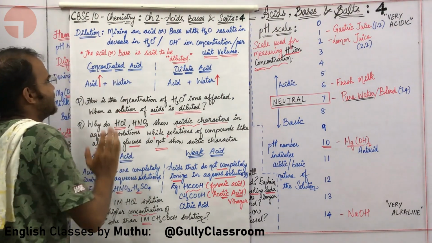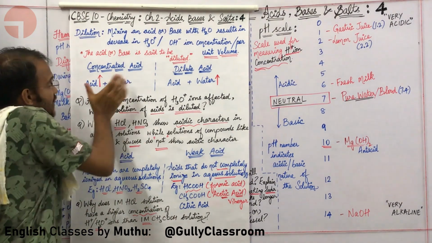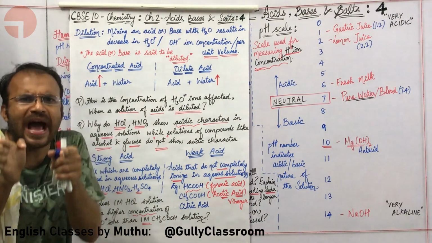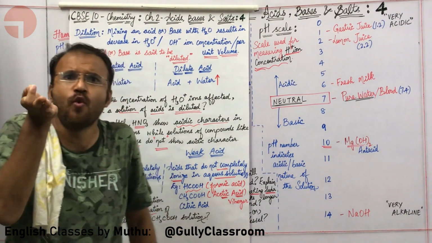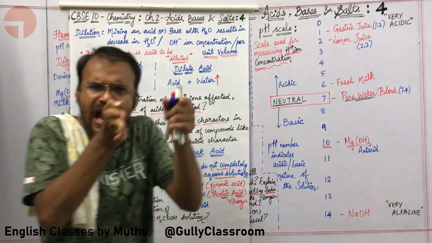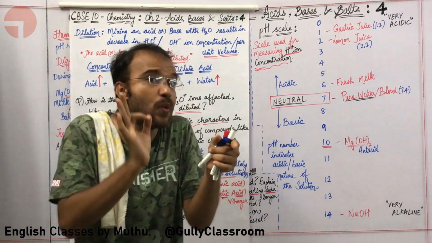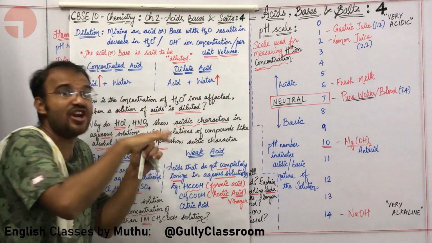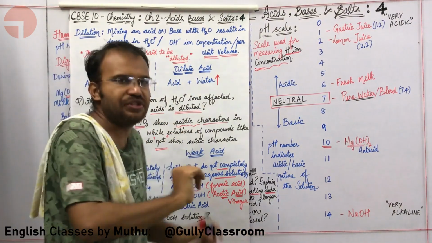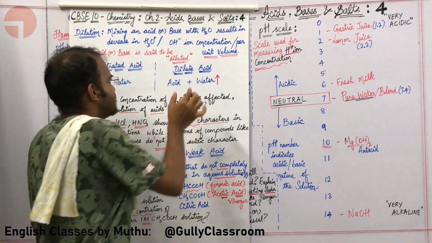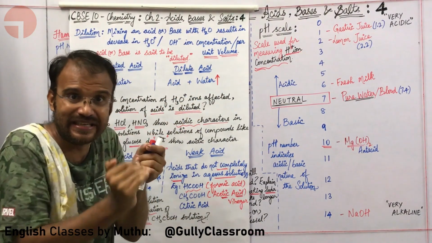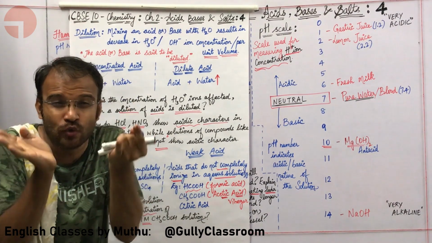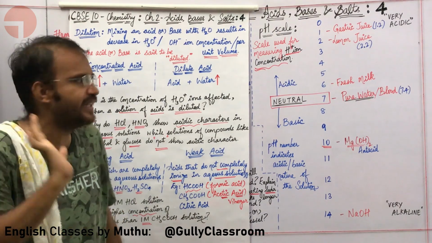So, what is the basic difference between concentrated acid and dilute acid? First, an acid behaves as an acid only when there is water. A base behaves as a base only when there is water. But if a very large amount of water is mixed with the acid, what happens? The effect of the acid is decreasing because the amount of H+ ions in a unit volume of the acid is decreasing.